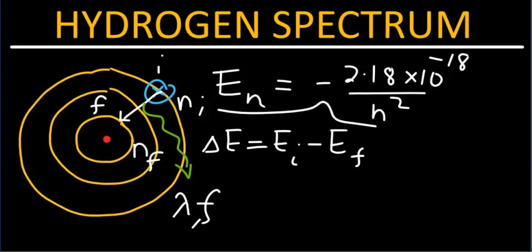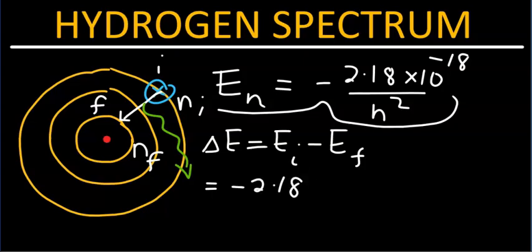Substituting this expression in here, we get the initial energy is minus 2.18 times 10 to the power minus 18 over Ni squared, minus EF.